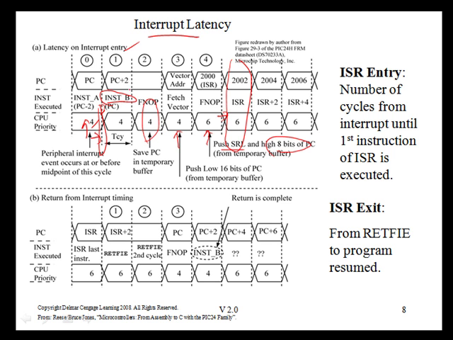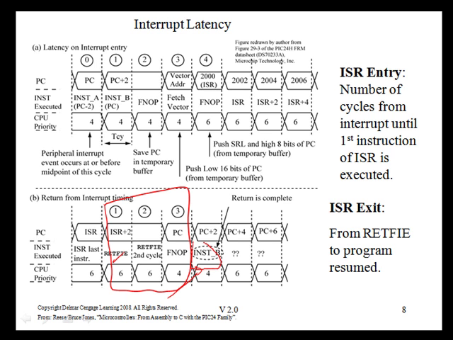So the number of instruction cycles that it takes to get to this first ISR instruction is 1, 2, 3, 4: 4 instruction cycles. It's going to take 3 instruction cycles from whenever the return from interrupt is executed to pop this information off the stack and get back to the instruction that we're going to execute once the ISR has finished execution.